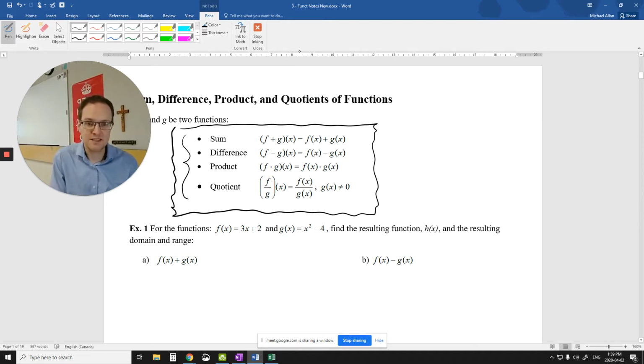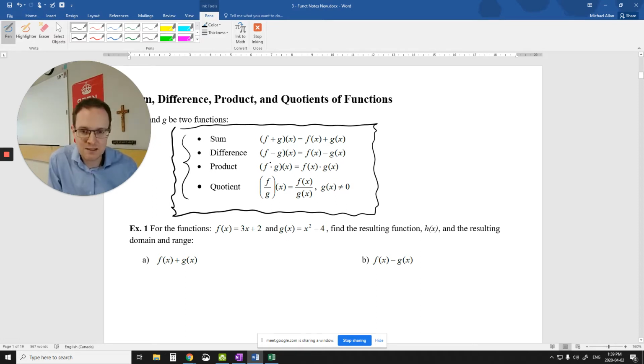If you see f of x plus g of x here, that's just saying I'm going to add these two together. But if you see it written this way, f plus g of x, they just mean the same thing. It's just a different way of representing the same thing.